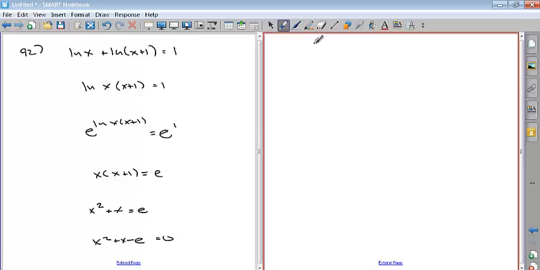So we could use completing the square, we could use the quadratic formula. Let's use completing the square. So you'd have x squared plus x minus e. So the coefficient in front of the x term is 1. So we take 1 divided by 2 and we square it. So that's 1/4. So we add 1/4 and we subtract 1/4 to balance that out.